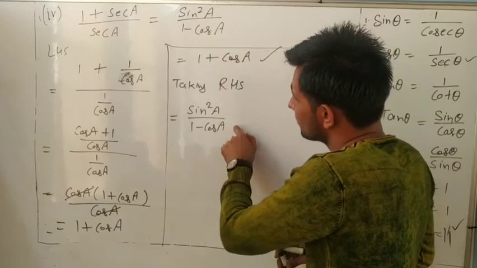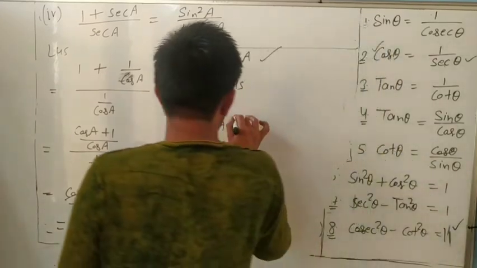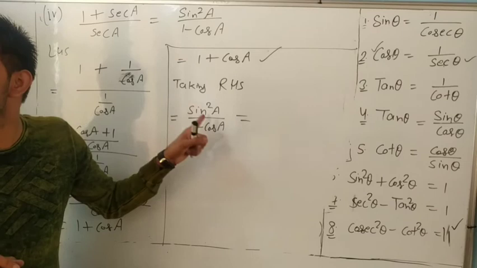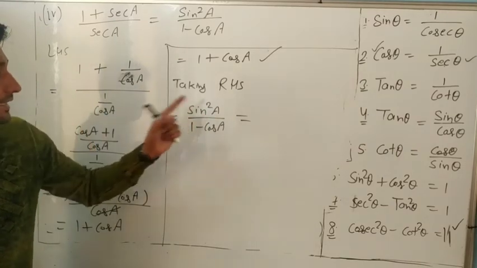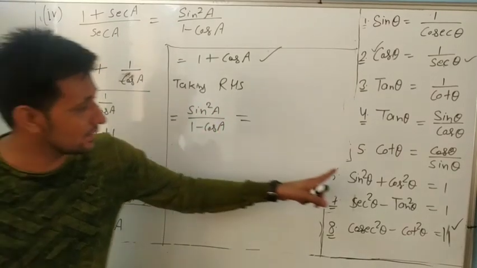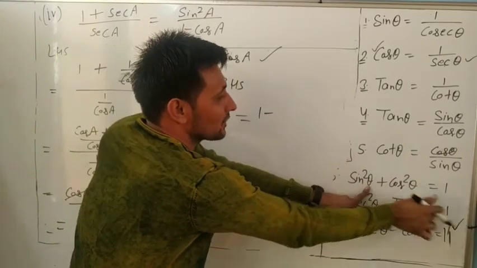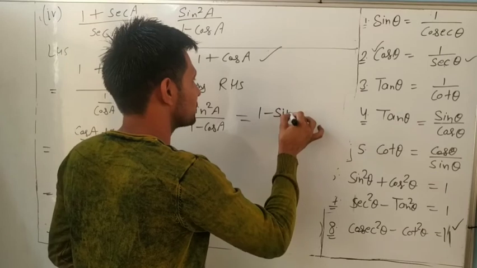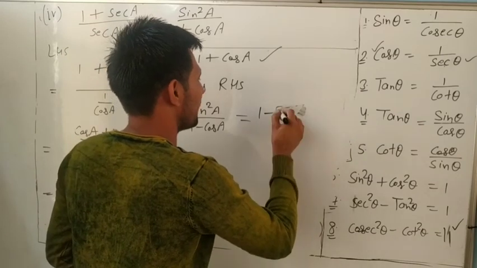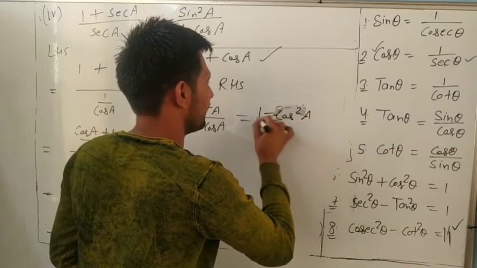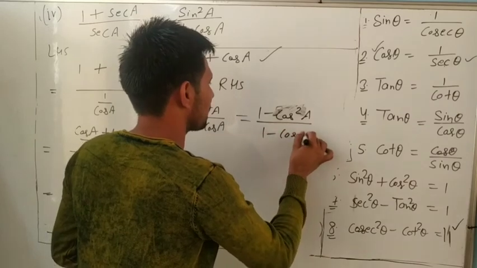So we have to change to cos. Now we will change sin to cos. Sin square theta is always equal to 1 minus cos square, so it is 1 minus cos square a upon 1 minus cos a.